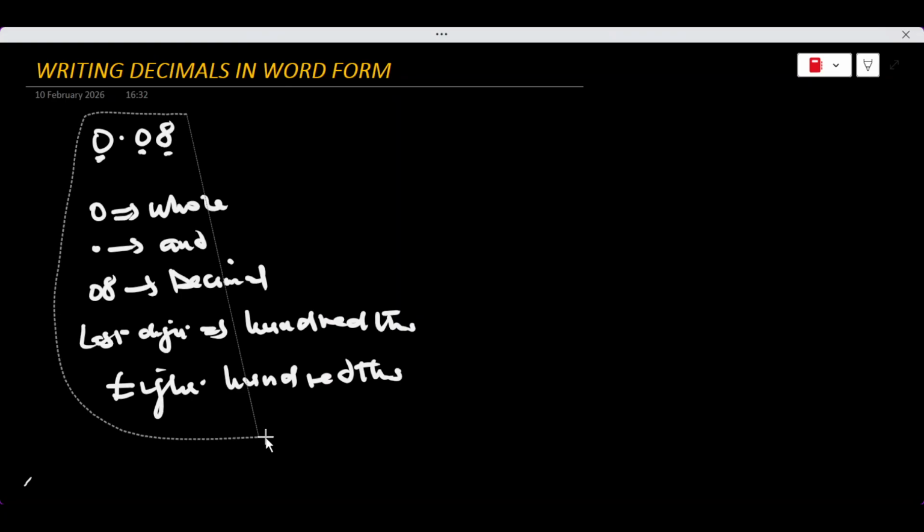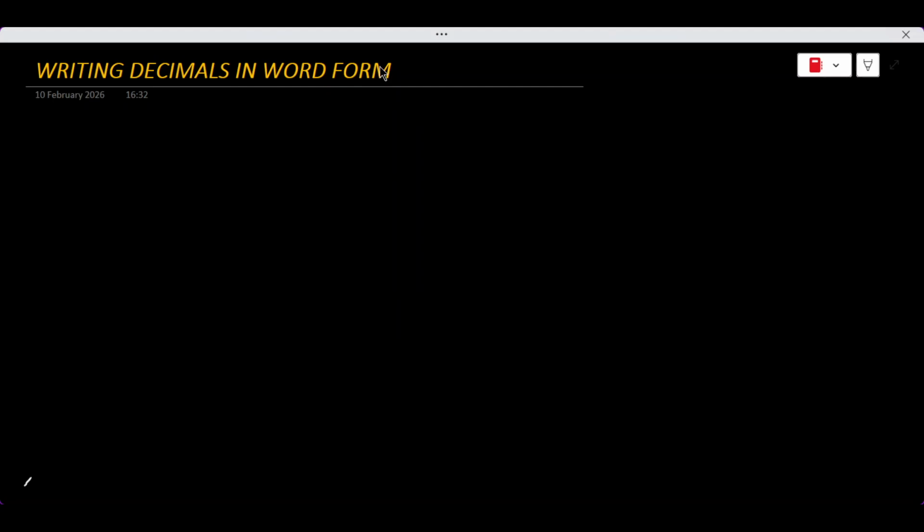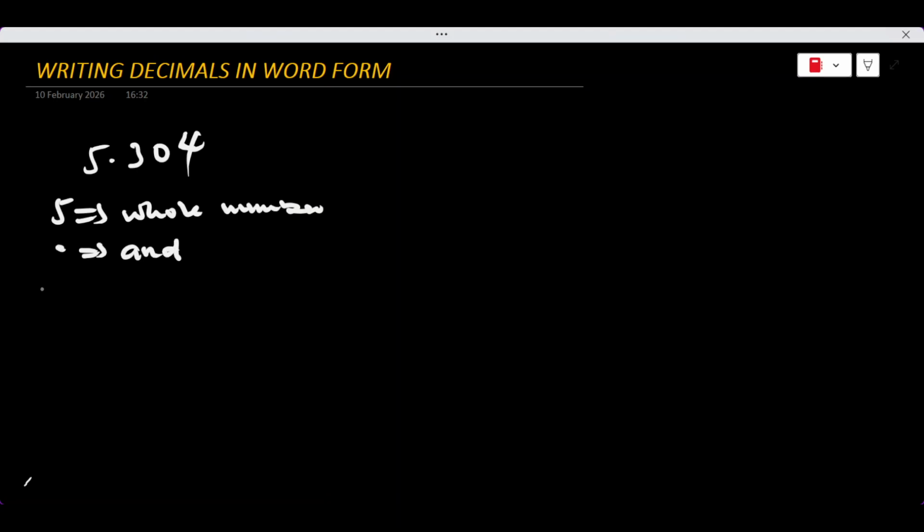All right. So let's look at more examples where we have 0 in between. So let's try our hands on 5.304. So we have the 5, which is the whole number. And then we have the point, which will be read as "and". And then we have the 304, which we read as 304, which is the decimal part. And then we have the last digit.